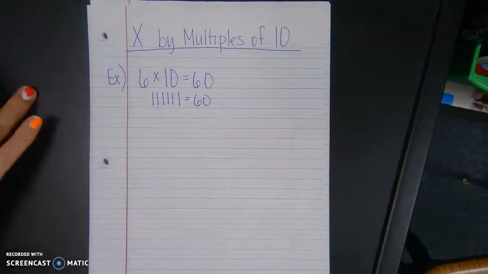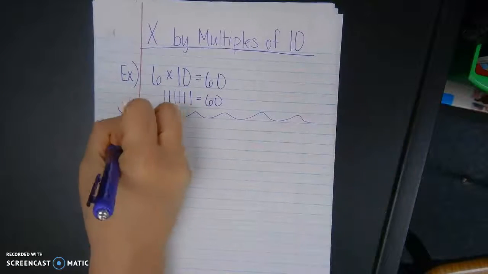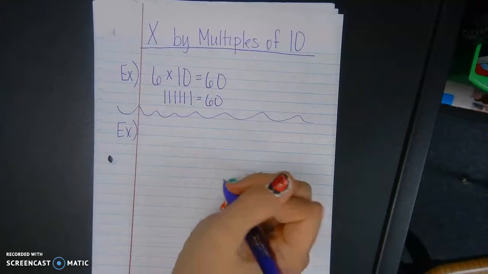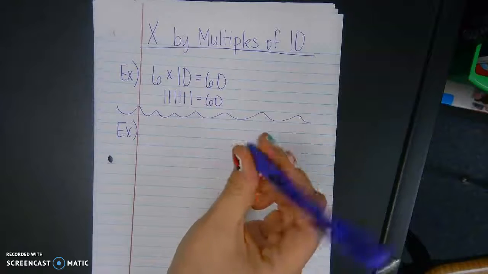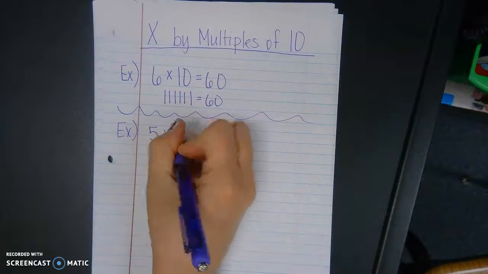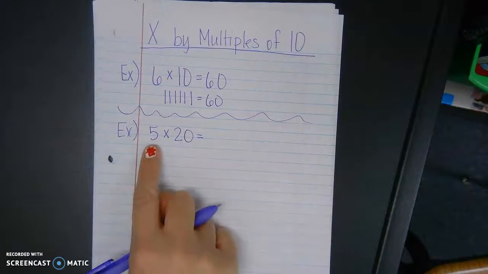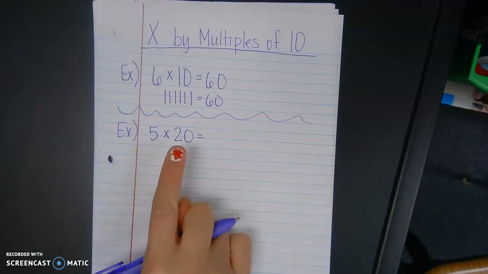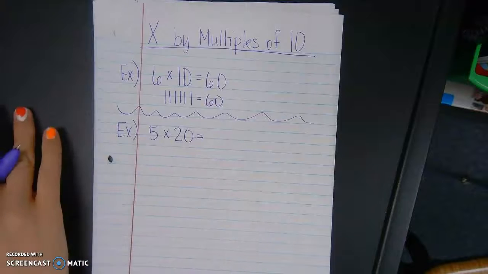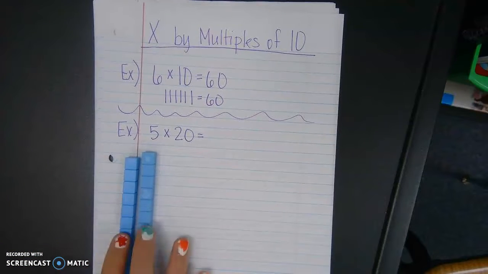All right, now let's look at a harder example. Let's do 5 times 20. So I need 5 groups of 20. So here's 20, because that's 2 of them, right? And I need 5 of those groups.